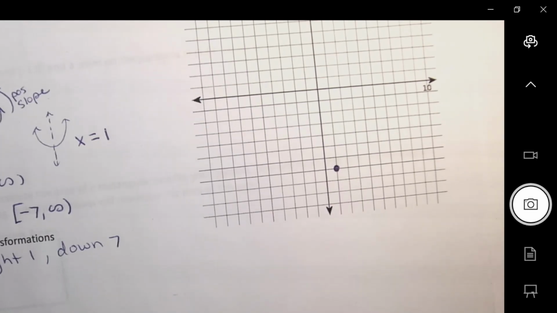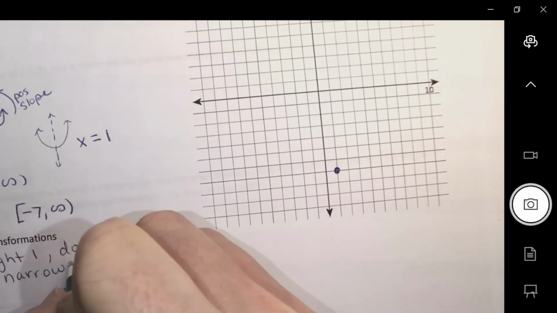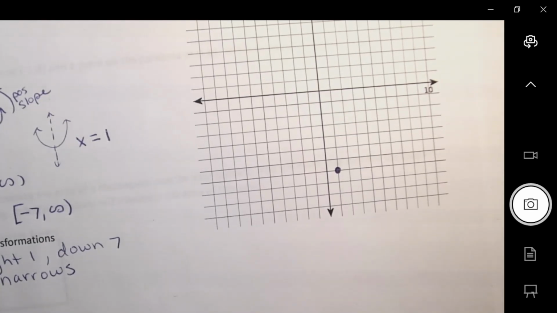And does anybody remember what a slope of 2 does to the shape of it? Narrows it. Those are the 3 things that happened. It would widen if the slope is less than 1, so something like a half makes it go wider. The negative makes it flip. So basically, the larger the numbers, the narrower, the skinnier it gets.